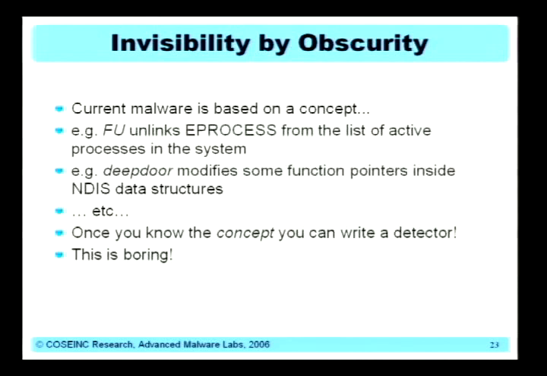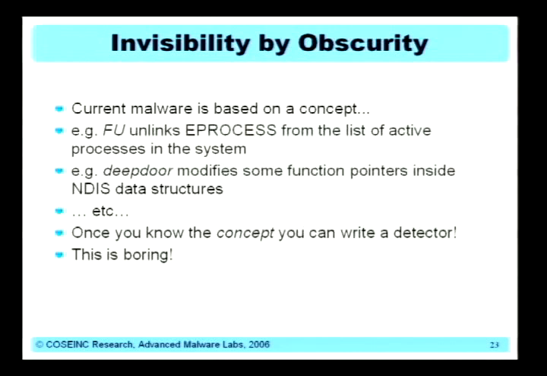For example, DeepDoor, the rootkit that I presented half a year ago, modified some NDIS data structures, some function pointers inside data structures, but it was completely undetectable over that time. But again, once we know the concept, once we know which pointers are modified, we can detect it. Also, I believe there is only a finite number of ways we can actually implement any given malware.